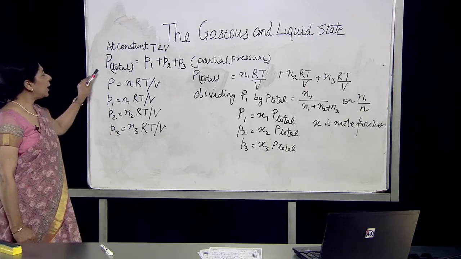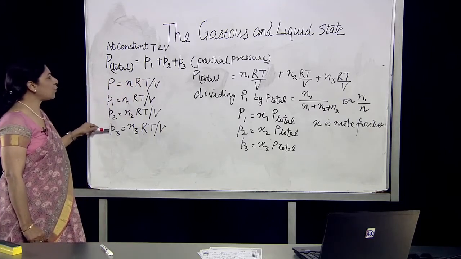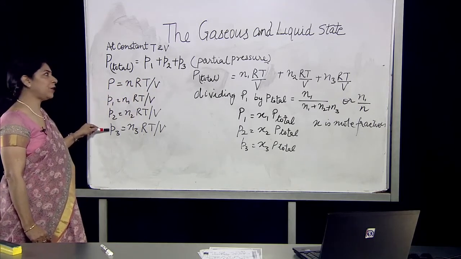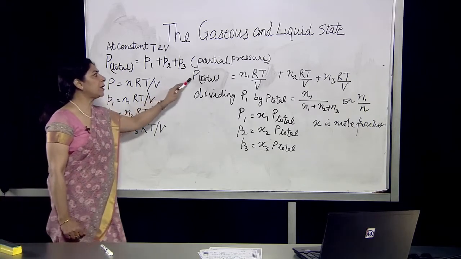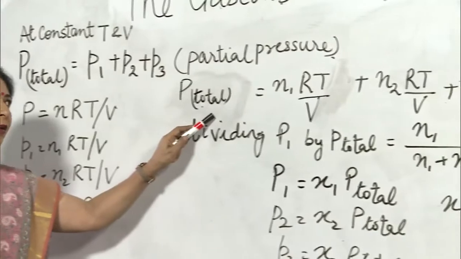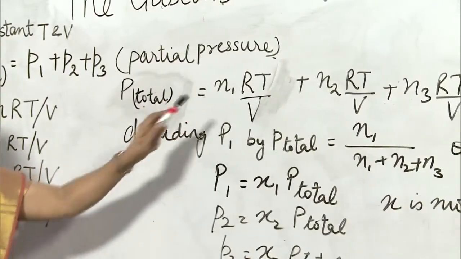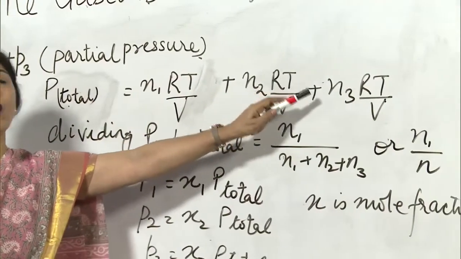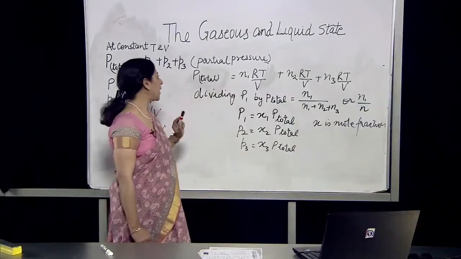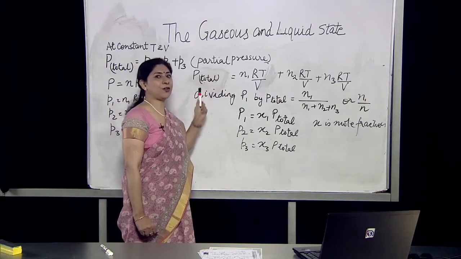Now, let us put the values of P1, P2, P3 in the main equation. So, P total is equal to n1RT upon V plus n2RT upon V plus n3RT upon V. Now we have this as the total pressure.